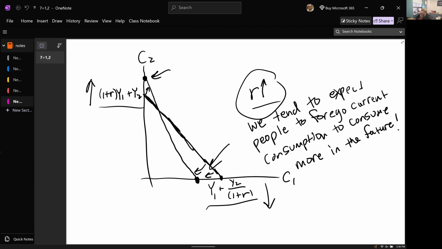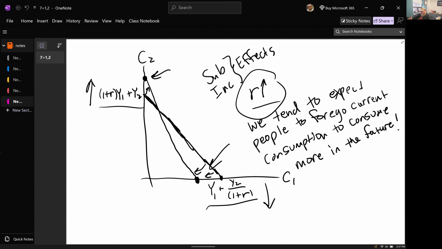Now, the extent to which this occurs, of course, ends up being about the substitution and income effects that we were talking about before, right? For some people's preferences, this increase in interest rate will lead to particular changes in their consumption over their lifetime. And for other people with other preferences, the change in interest rate might lead to a different sort of set of behaviors.